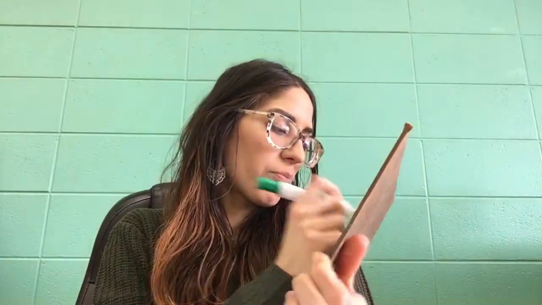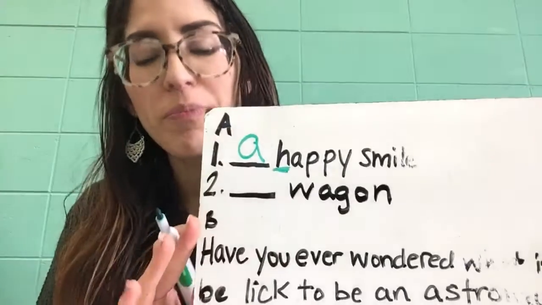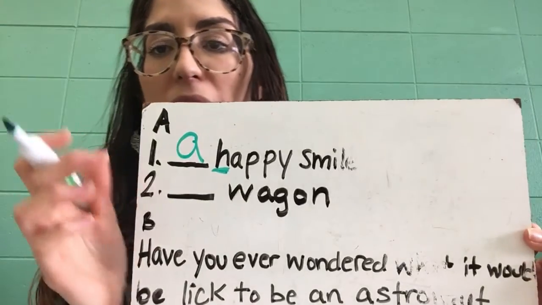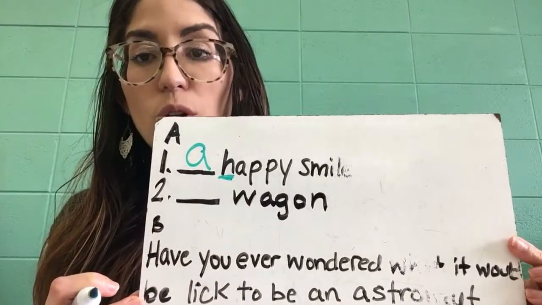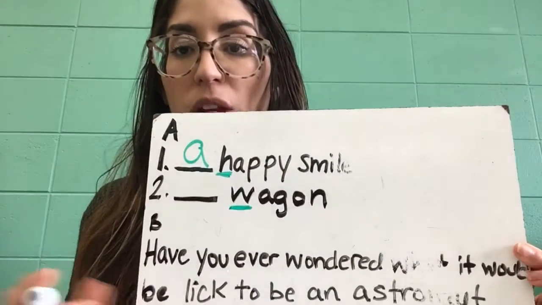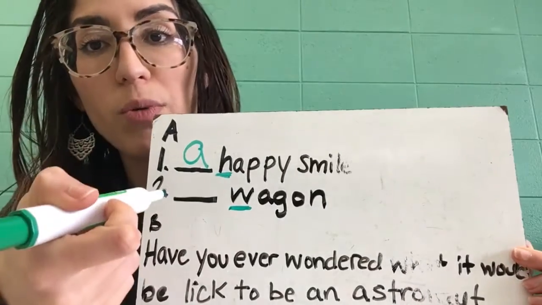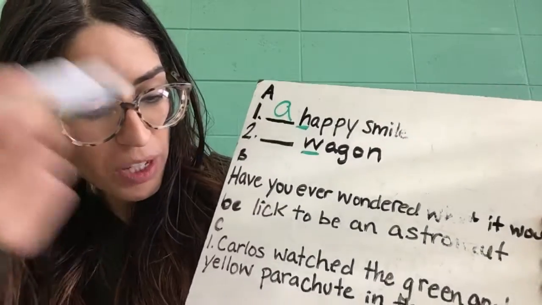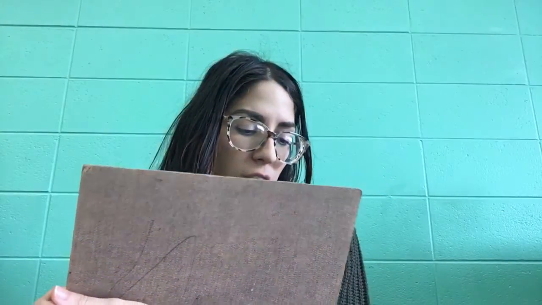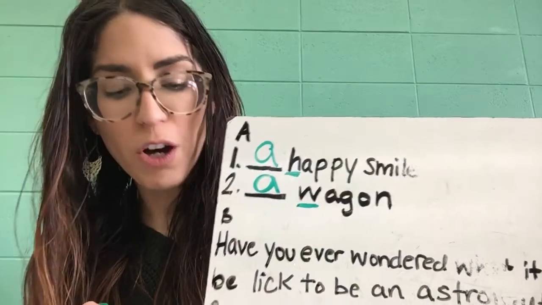A happy smile. Number two is blank wagon. The first letter is W, a consonant. So do we use a or an? That's right, a again. Good job. Numbers 3, 4, 5, and 6 you'll do on your own.